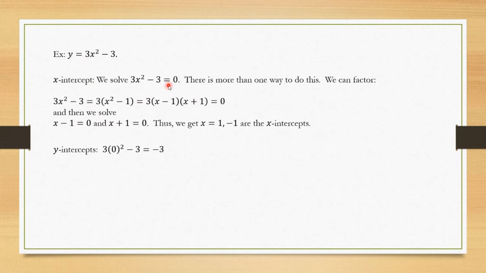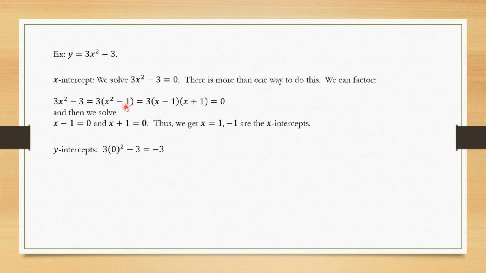We could factor, you can use the quadratic formula, whatever method. If I want you to use a particular method, I will tell you. But if I don't tell you, then you can use any method you want. For this one, I factored. For one thing, 3 is a common factor, so you can factor out 3. What's left is x squared minus 1.